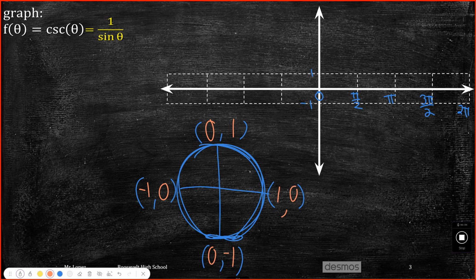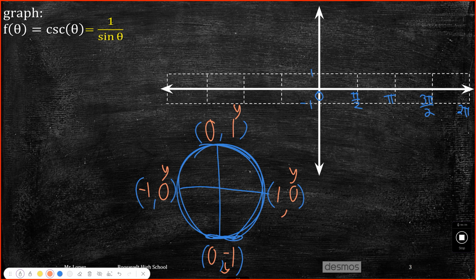So we're only concerned with the y for what we're trying to do here. We're trying to graph the cosecant, which is 1 over sine. So we're concerned with this y value here, y value here, y value here. And hopefully with these 4 points, maybe we can trace what's going on on the graph.